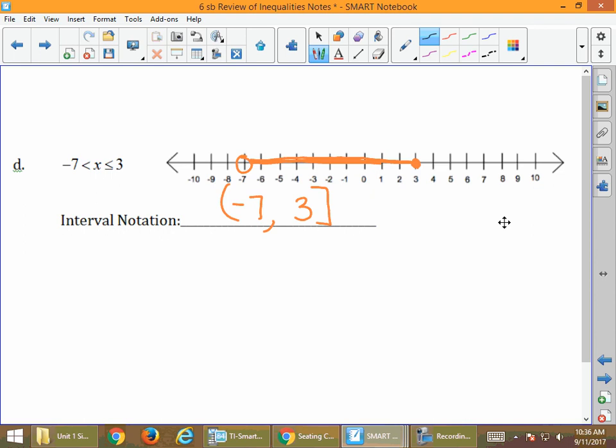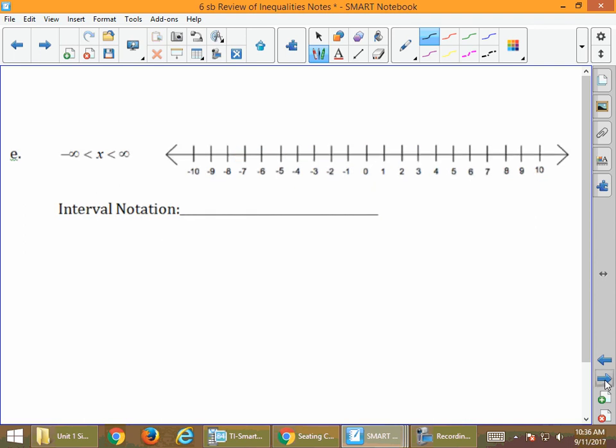Letter E. -infinity is less than x is less than infinity. In other words, x is in between -infinity and +infinity. Any thoughts on what we would do for our graph? Ryan?